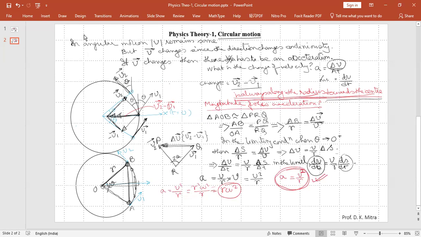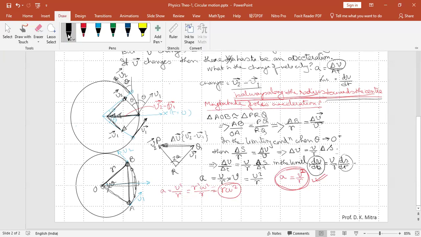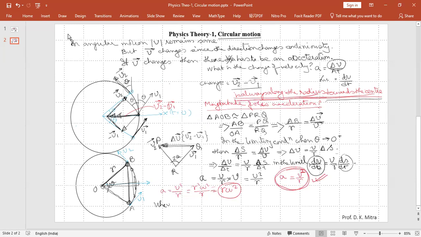Now, whenever there is an acceleration, there is a force. You have seen in Newton's second law that force F is equal to mA.